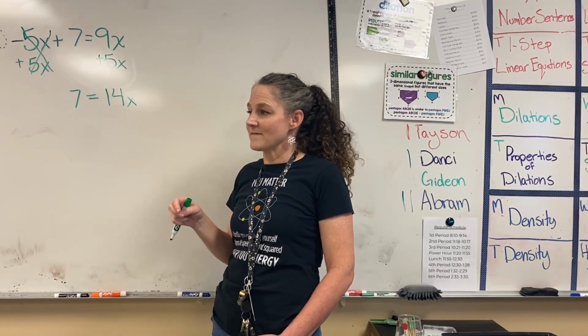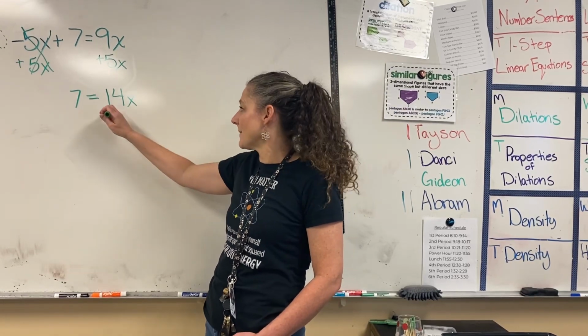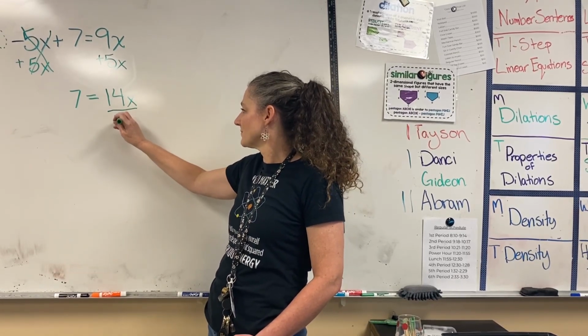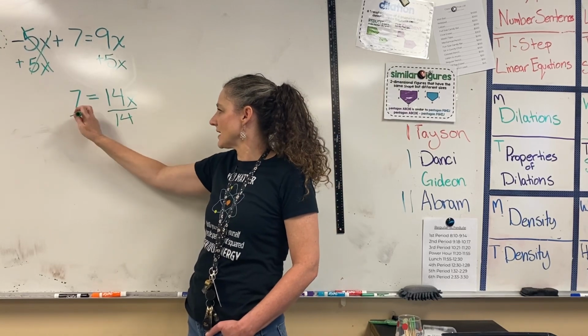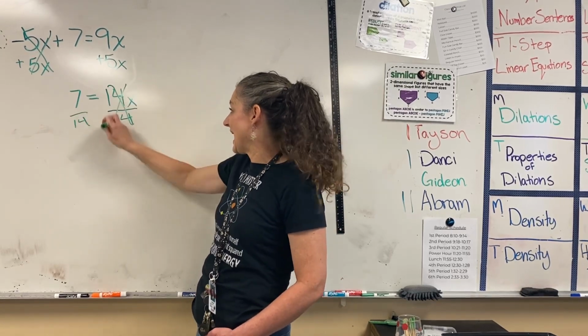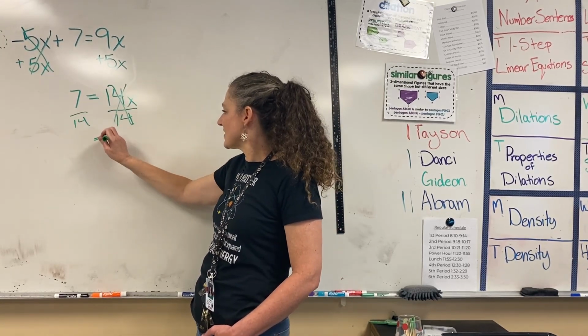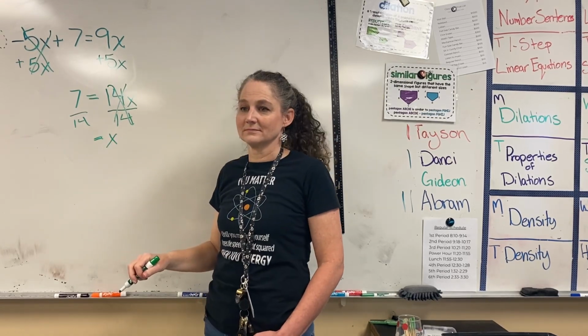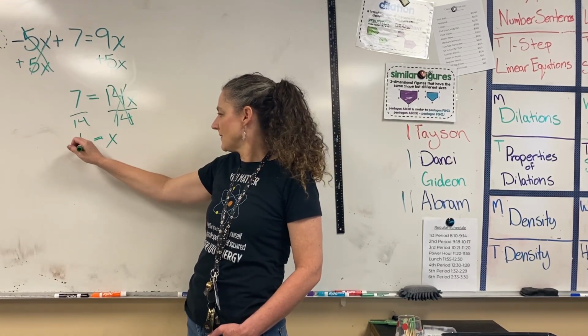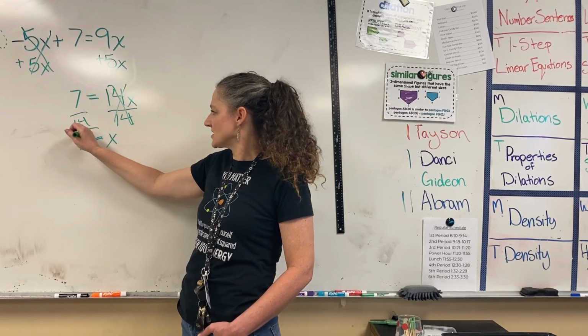How do I undo that? Division. By 14. I do it to one side, I have to do it to the other, right? What's 7 over 14? 1/2. It's so smart, boys. Oh, it's just like the other one.